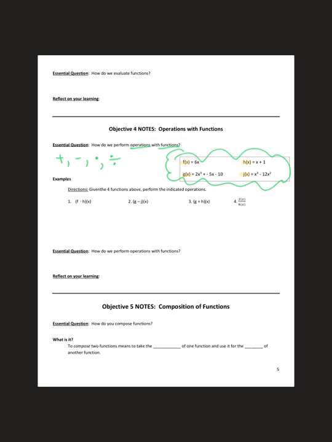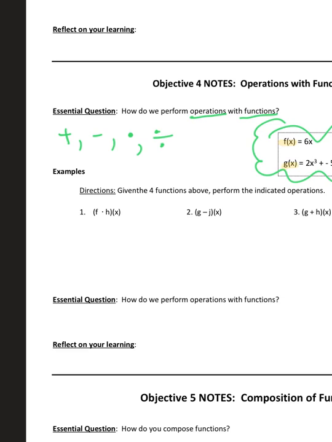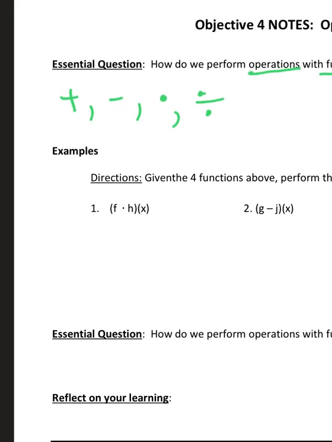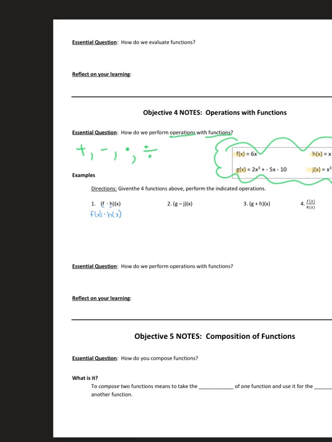So when we look at the operations with these functions, this is really just as simple as what does it tell you to do with the two functions. So for number one, this says f times h of x, and this is the same as saying f of x times h of x. So what we're going to do is substitute in for f of x. Well, f of x is equal to 6x. And we're going to times that by the function h of x.